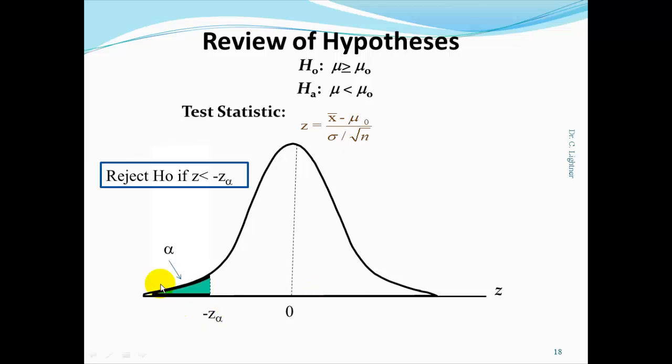For this scenario, we call negative Z alpha our critical value because it's the value beyond which we decide to reject their null hypothesis. And our rejection rule is you should reject H0 if your Z test statistic is less than negative Z alpha, our critical value.